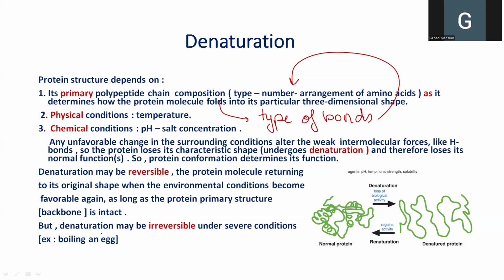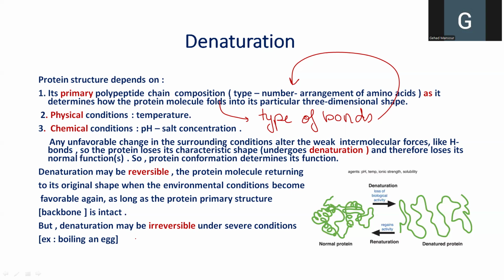Sometimes this denaturation is irreversible, and sometimes it is reversible. If the change is not significant, the number of bonds that have been broken will be very small, and therefore the change in conformation will be insignificant.